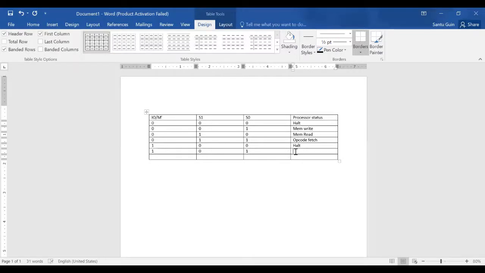Either memory operation or IO operation. Since memory operations have already been defined, 1, 0, 1 is IO write. Good. IO write.